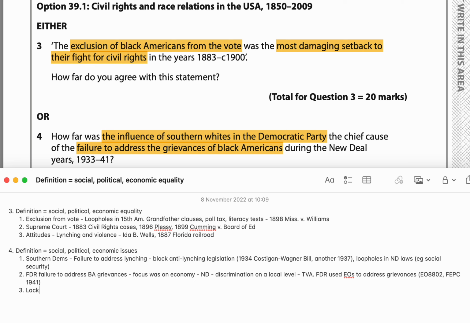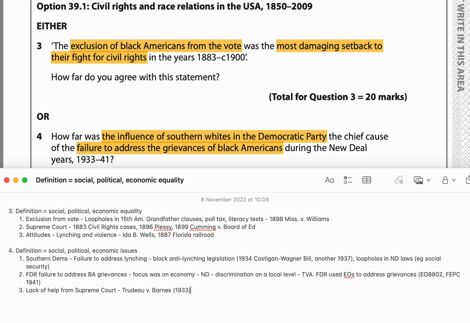The last one, and I think this is something that in the content of this topic, there's not a huge amount in textbooks, but I would say the lack of help from the Supreme Court here. And there's a few decisions here that I'm just going to write down, and then I'll talk through them all together.